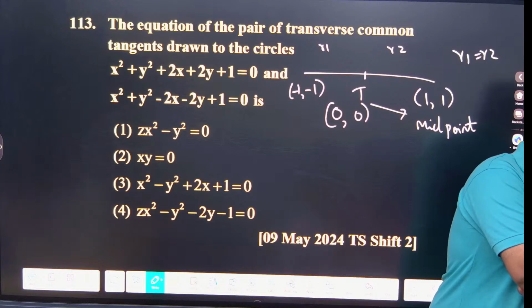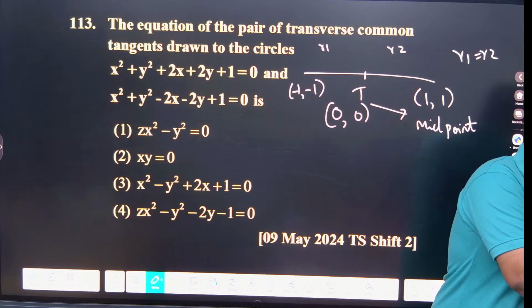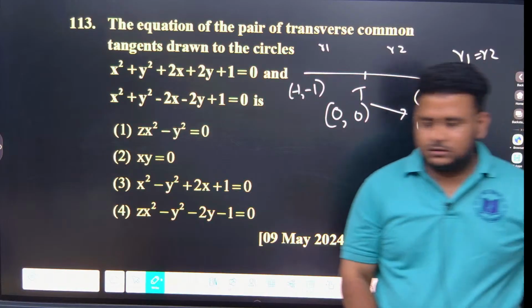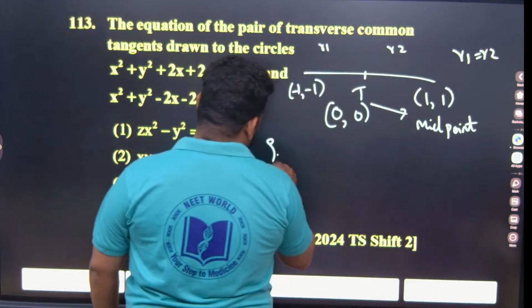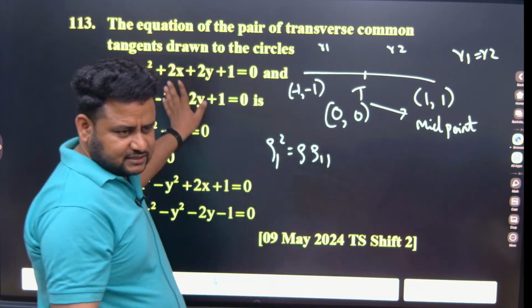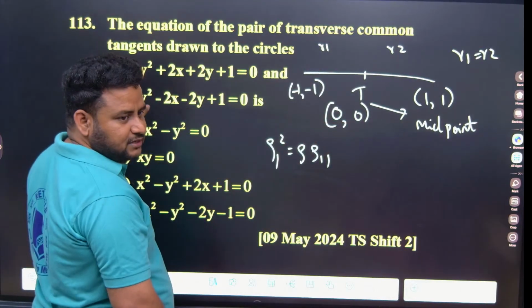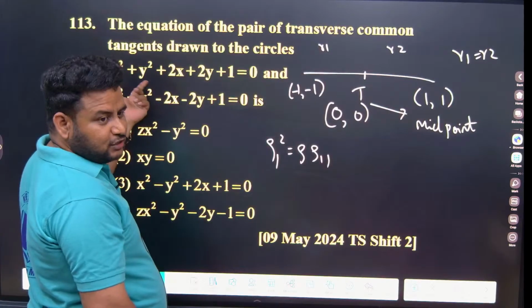Correct? S1 means you will put these points, 0 comma 0. We will talk about only the first circle. S1 means X into X1 plus Y into Y1. 0 will be there, no need to worry.